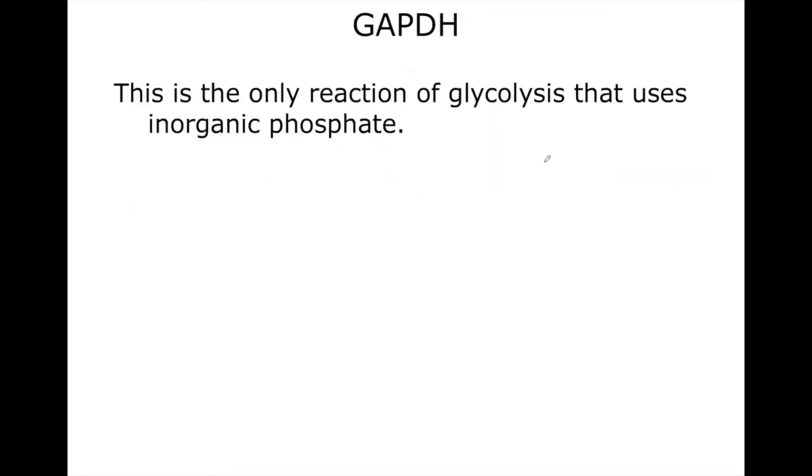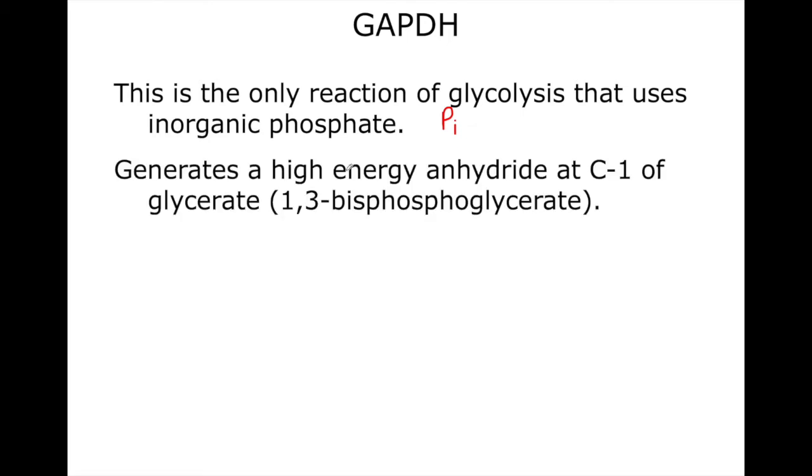Okay, but a few more notes about this reaction and this enzyme. This is the only reaction in glycolysis that uses inorganic phosphate. Again, inorganic phosphate is just a phosphate by itself, a free phosphate, and that phosphate does not come off of ATP. The reaction generates a high energy anhydride, 1,3-bisphosphoglycerate.